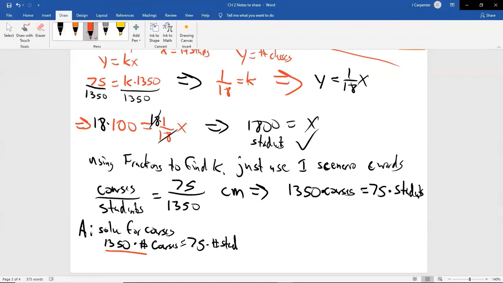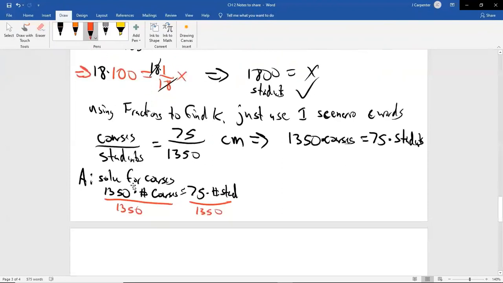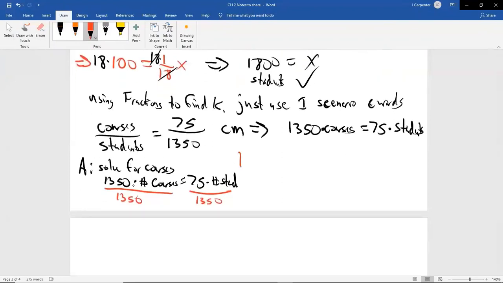If you want to solve for the courses, you divide both sides by 1,350. We already know that fraction reduces to a 1/18, and you'll get, I ran out of room, didn't I? That's okay. I'm going to do that here. That's 1/18, so the number of courses is 1/18 of the number of students.